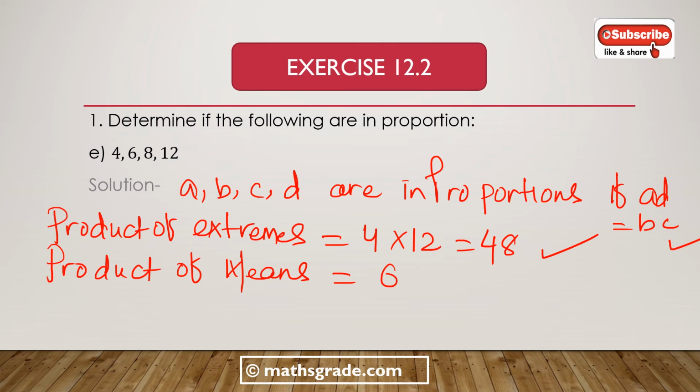Product of means is 6 multiplied by 8, that is 48. Product of extremes is product of means, so these numbers are in proportion.